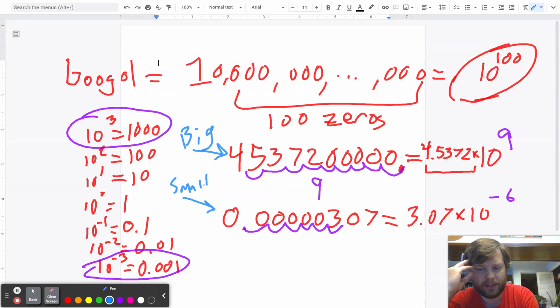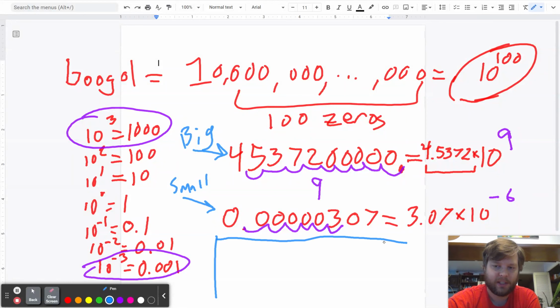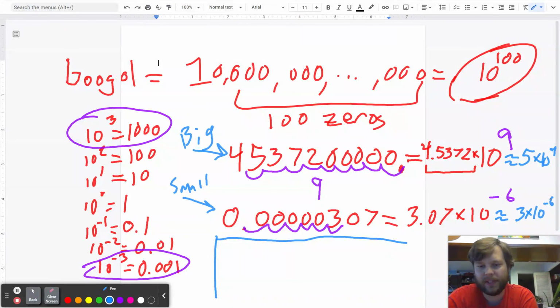So what I can do to get a rough estimate is to just use the scientific notation. So what I'm going to do is I'm going to round them off. This will round off to 5 times 10 to the ninth, and then this one would round off to 3 times 10 to the negative 6. So I just rounded the significant figures, but I kept the powers the same.